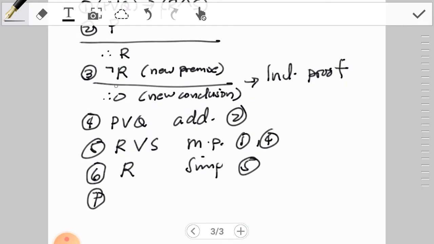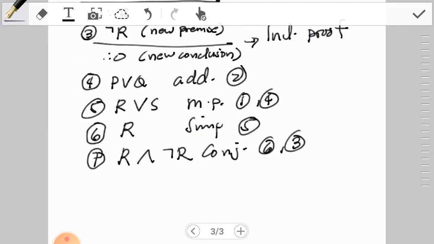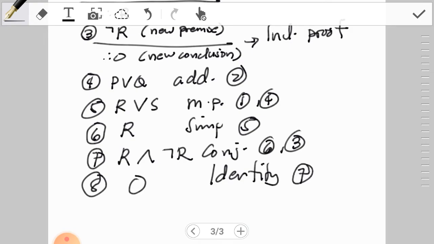You have here not R, you have here R. So, R and not R, this is by conjunction of line number 6 and line number 3. And because of that, that now gives us our false value 0, using identity of line number 7. There goes your contradiction.